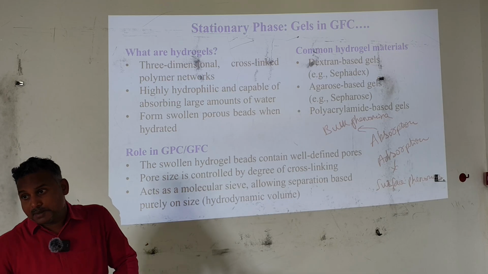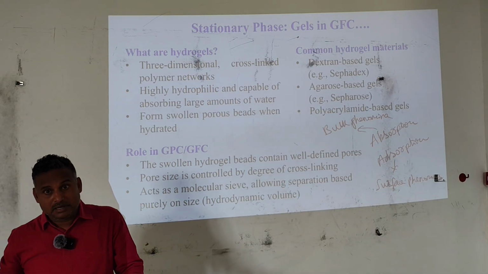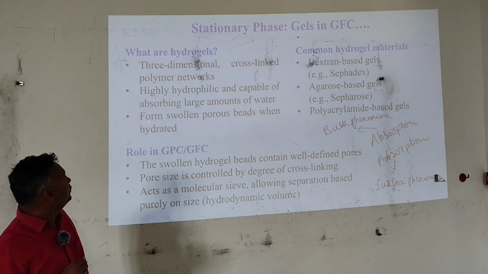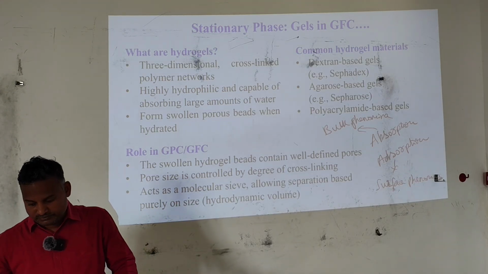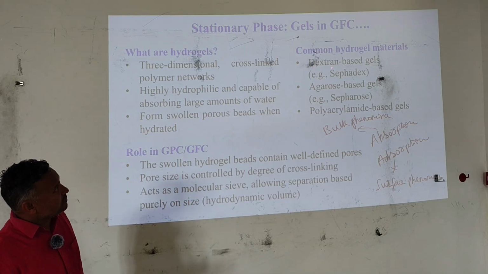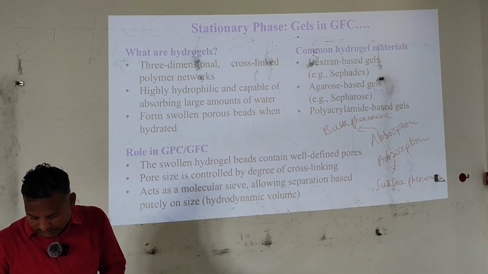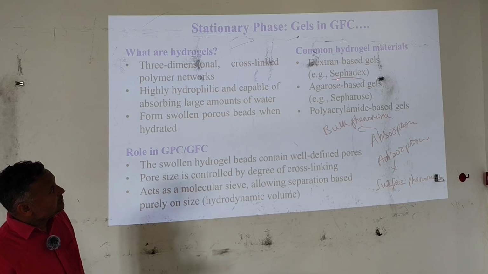capable of absorbing means taking inside the bulk of the material, absorbing large amounts of water, forming swollen porous beads when hydrated, swollen, and those are very soft. Okay. Examples: common hydrogel materials are dextran based gels. Example: Sephadex.